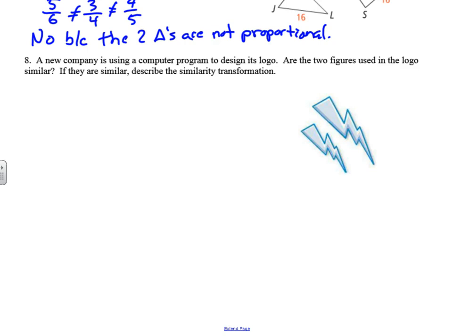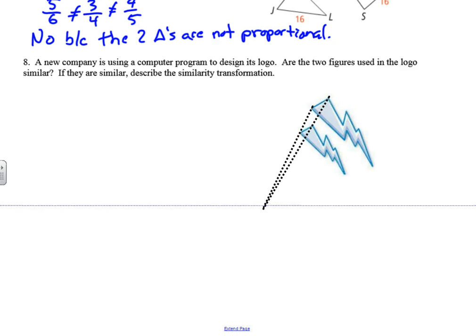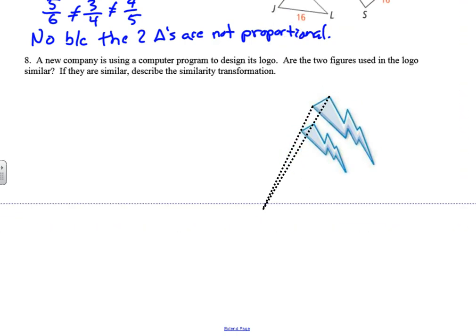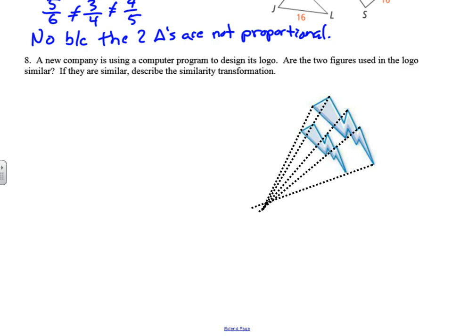So what you'd be looking at here is, you're trying to figure out if we draw these dilation lines through, you pick your points and you draw in here and here, you're looking for them. Are they all meeting at the same point? Okay. And so, yeah, it does appear that those are similar.